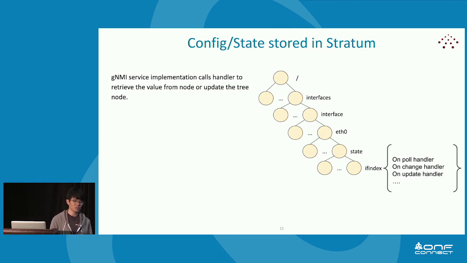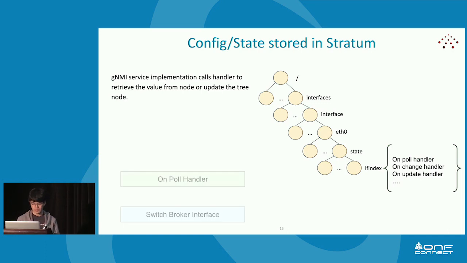If you want to query a value from a leaf node, you need to call the port handler, and then the port handler will help get the value. Some handlers will just return a value. Some handlers will ask the switch interface or switch port interface to query a value. For example, if we want to query some counters, we won't store the actual counter value in the tree node. We will ask the switch interface to return the counter value.